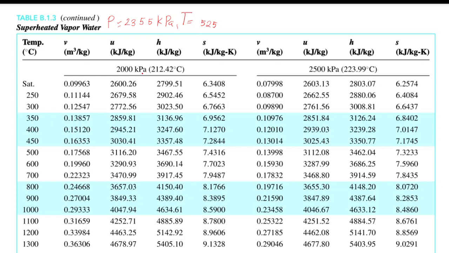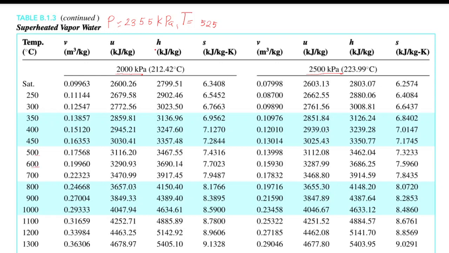Now, some of your tables only give limited information. Like this one, you are only given 2000 kilopascal and it jumps to 2500 kilopascal. So you cannot find the 2355 kilopascal. And also, the temperature is 500 degrees Celsius and the next value is 600 degrees Celsius.